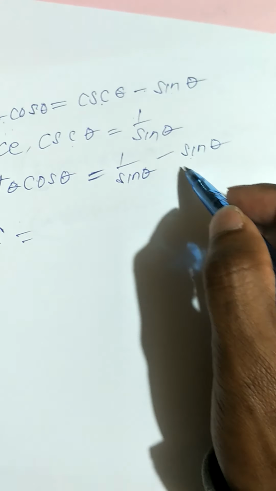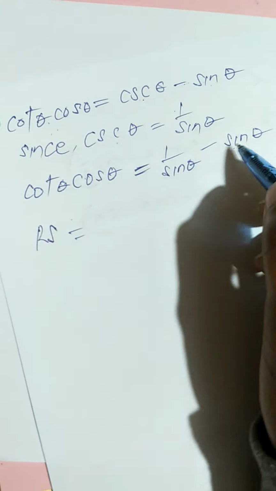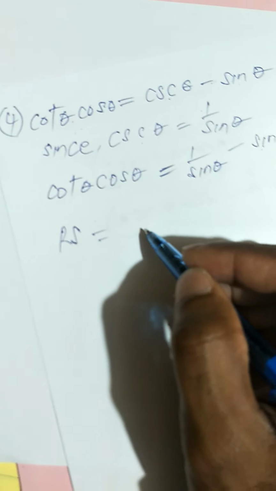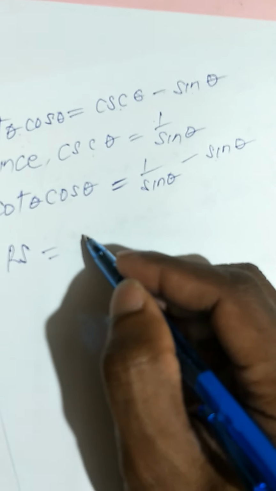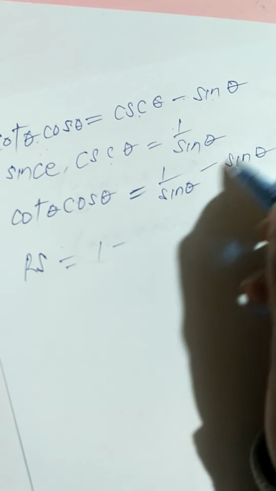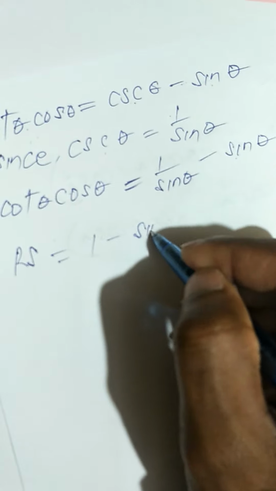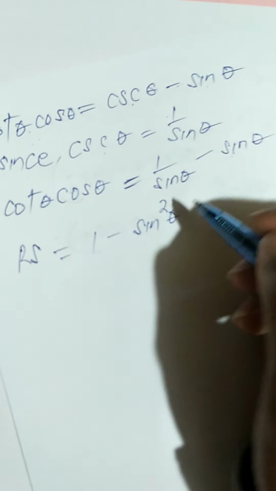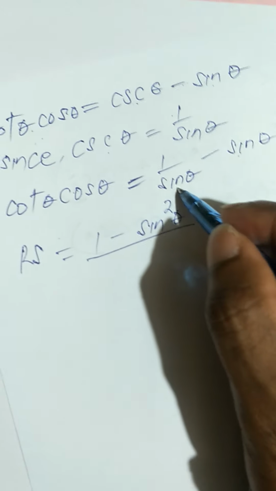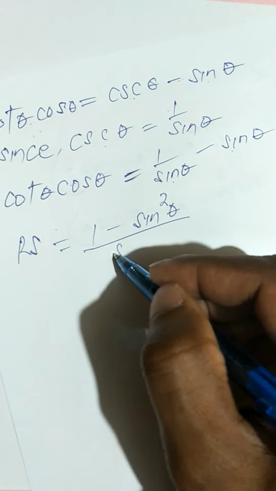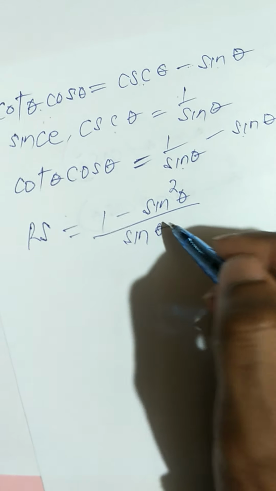Once again, I'm going to apply 1 multiplied by 1, which is 1, keep the sign, multiplied by sine, which is sine theta squared, keep the denominator, which is sine theta.